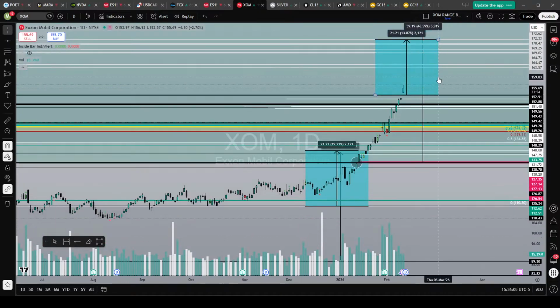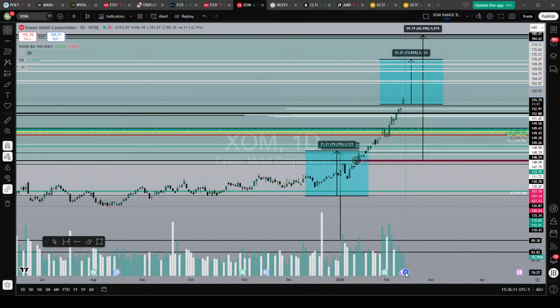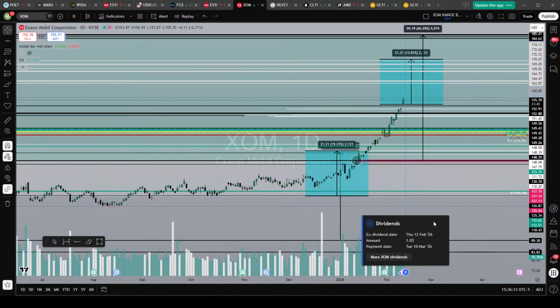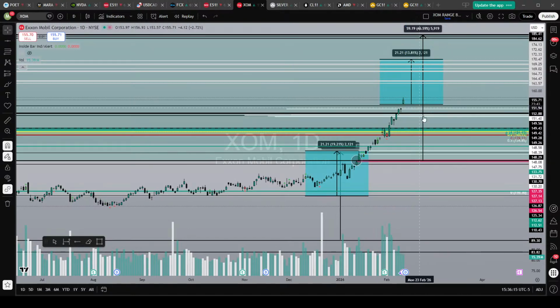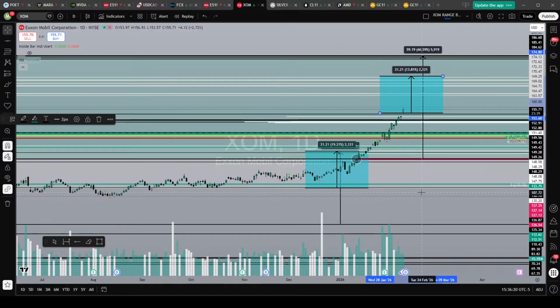If you want to measure off where it actually cleared, then in terms of today, because they had their ex-dividend day, hence this kind of price action, we'd be looking closer to like that 174 area.